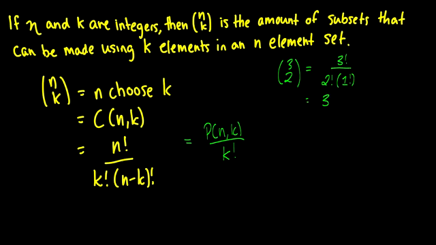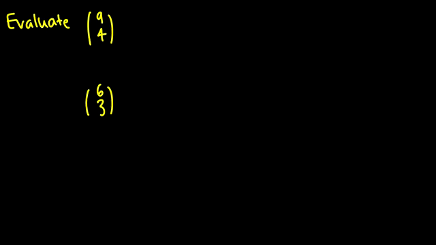So this works. The number of permutations would be 6, so there is a bit of a difference there. Anyhow, let's do some quick practice with the formula.